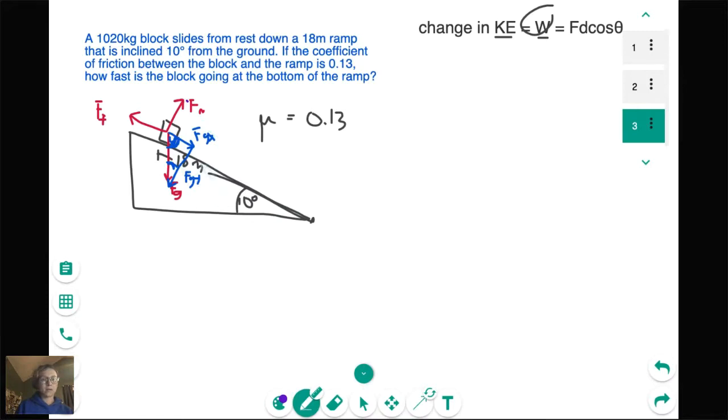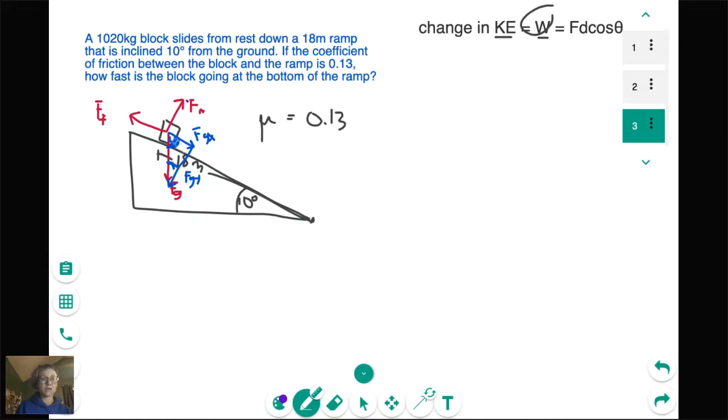Same thing goes for the y component of gravity. It's not going to do any work because it is perpendicular to the direction that the block is moving. FGX will do work. It will do positive work because it is moving in the same direction as the block. The frictional force will do negative work because it is moving the opposite direction of the block.